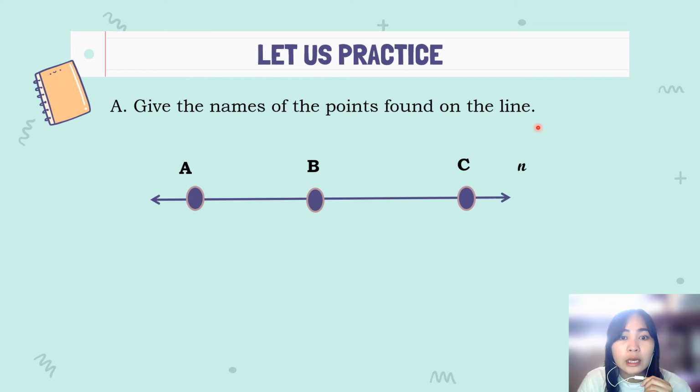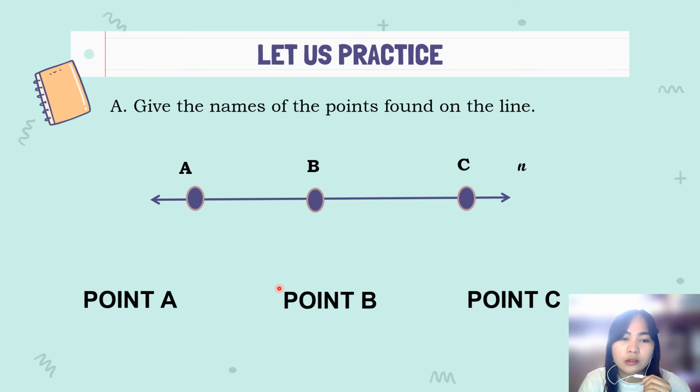We will use a capital letter. Given line N, what are the points that we see on the line? We have point A, point B, and point C. These are the examples of points that we see on line N.